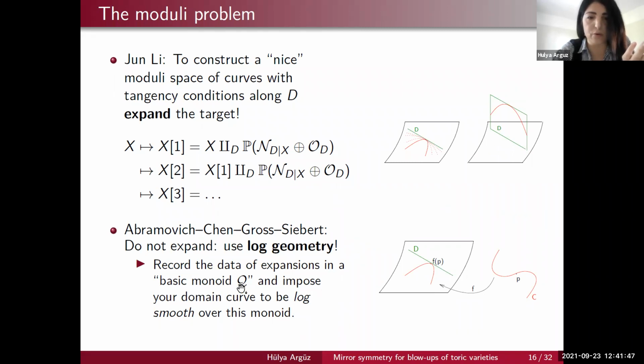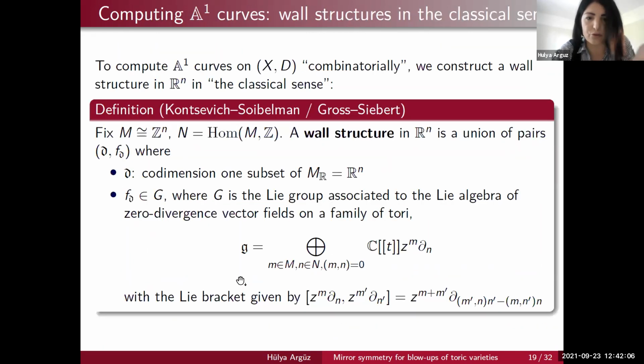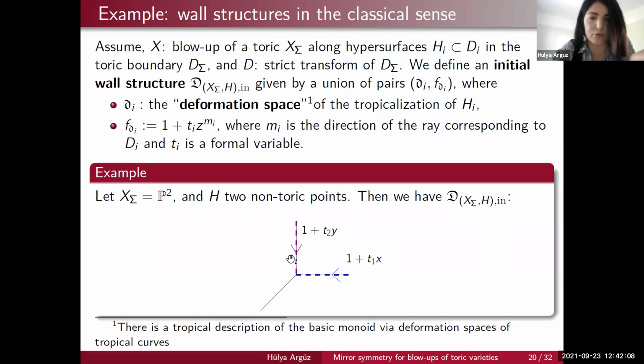You need as many copies of natural numbers as your nodes, and you need some more copies of natural numbers depending on how many components your domain curve has. But that definition can be turned into a purely tropical definition. If you tropicalize your curve, your basic monoid can be described just as having the rank of the deformation space of the tropicalization of your curve.